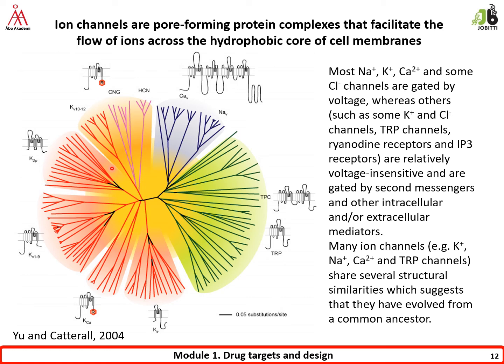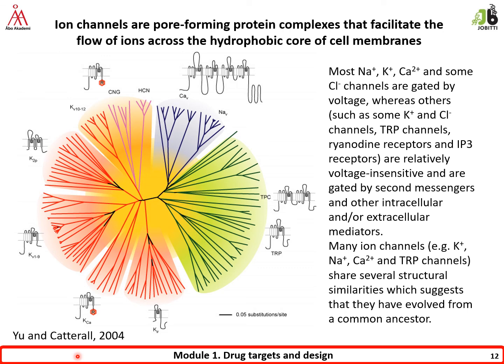Light orange, KV 10, 11, 12 channels, and cyclic nucleotide modulated, cyclic nucleotide gated, and also hyperpolarization activated cyclic nucleotide gated channels. Other ion channels such as chloride channels, aquaporins and connexins have evolved separately and possess completely different structural properties to the voltage-gated-like channels.